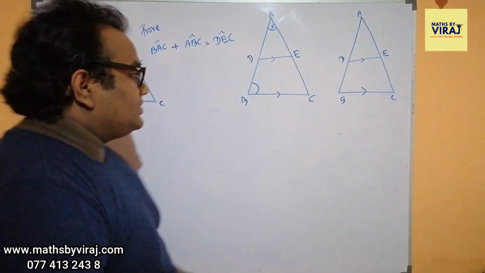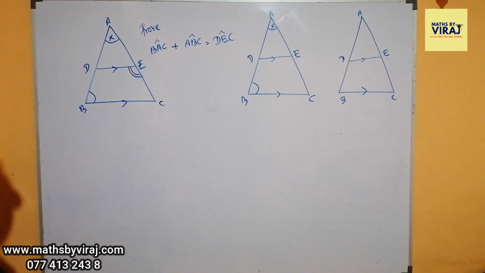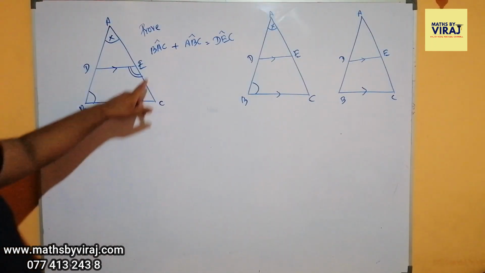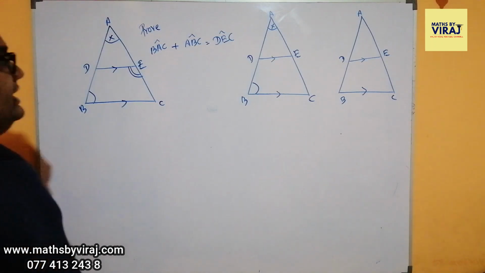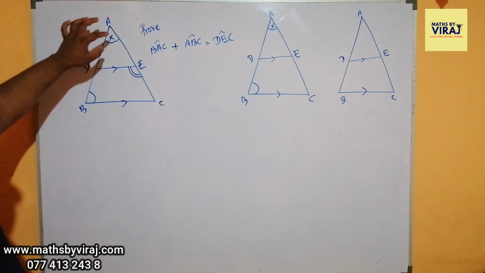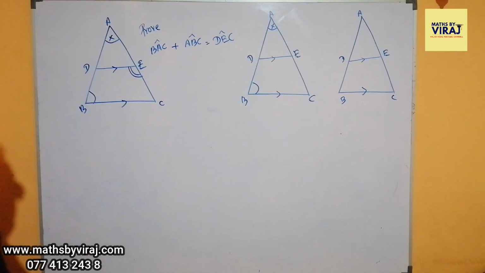Right children, let's look at another sum. Here the diagram is given and we have to prove that angle BAC plus angle ABC is equal to angle DEC. That is, these two angles is equal to this particular angle. So that's what we have to prove.